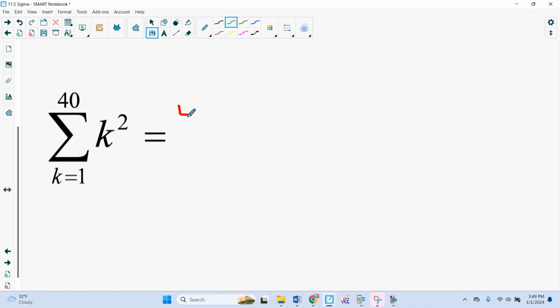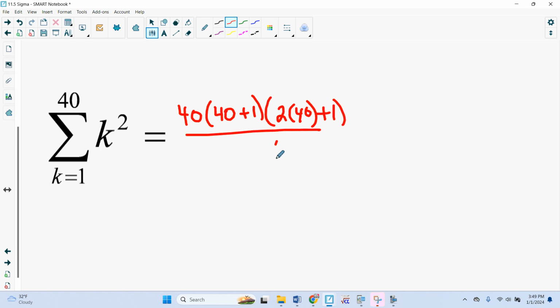From that formula, it's n plus 1, 2n plus 1, all over 6. And if you put that in a calculator, you get 22,140.